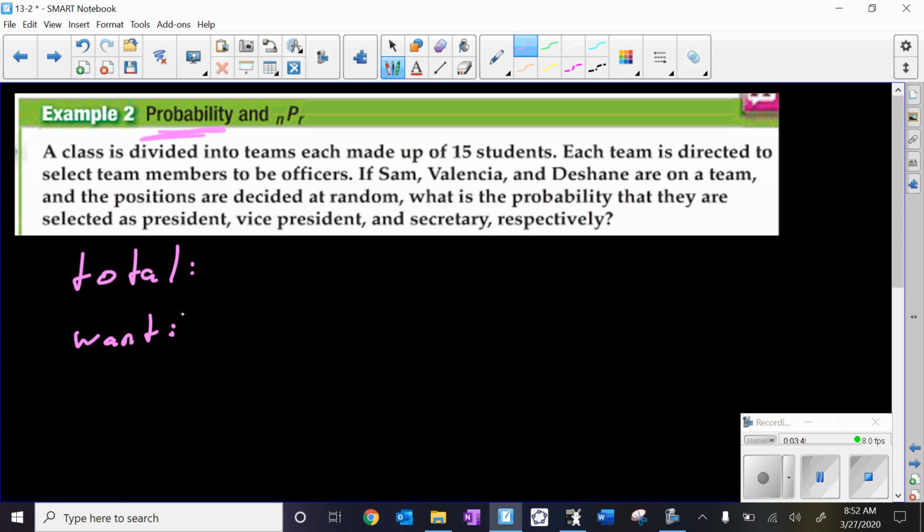Okay, so for total, a class is divided into teams, each made of 15 students. So there are going to be 15 students total in each team. Each team is directed to select team members to be officers, and those officers are president, vice president, and secretary. Well, of those 15 students, only 3 of them can be officers.